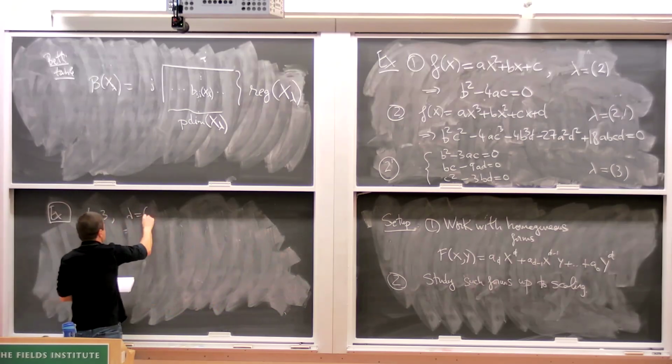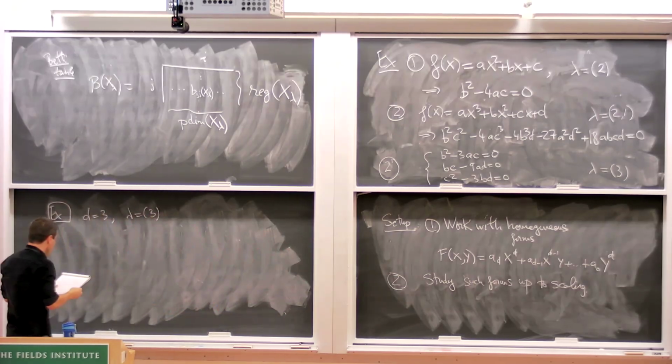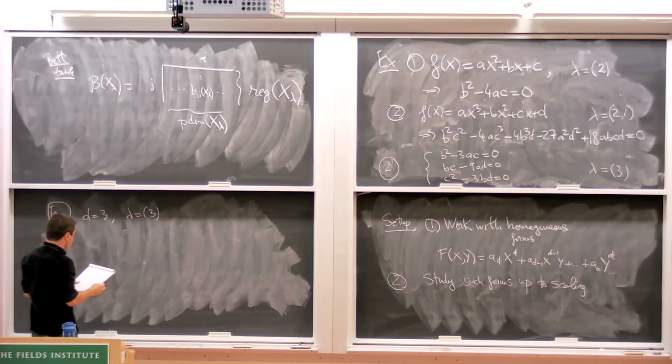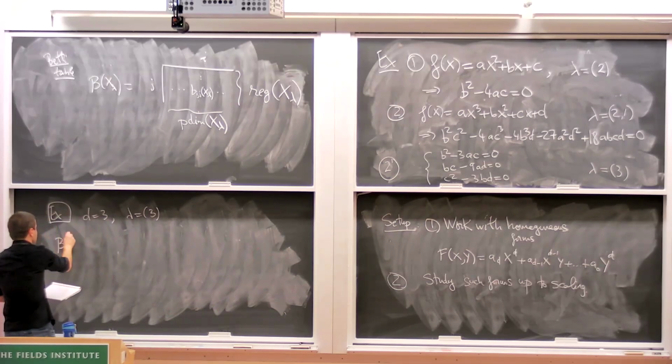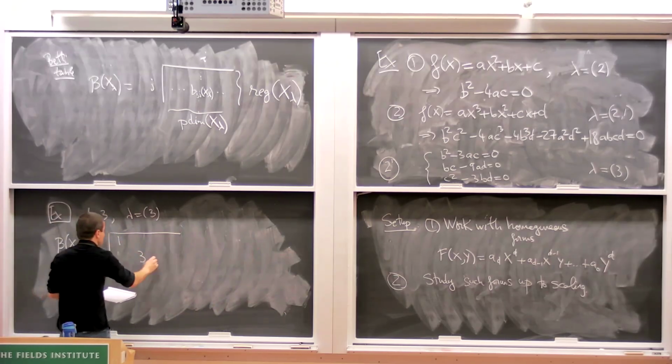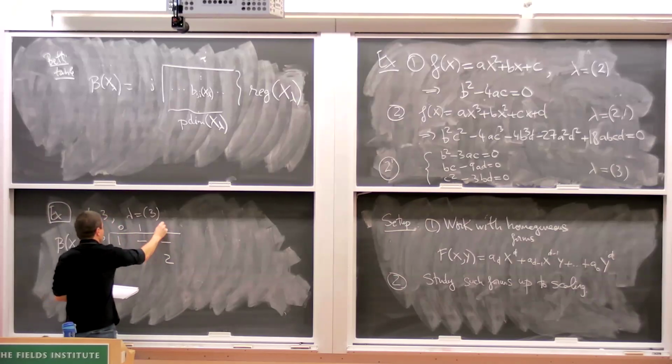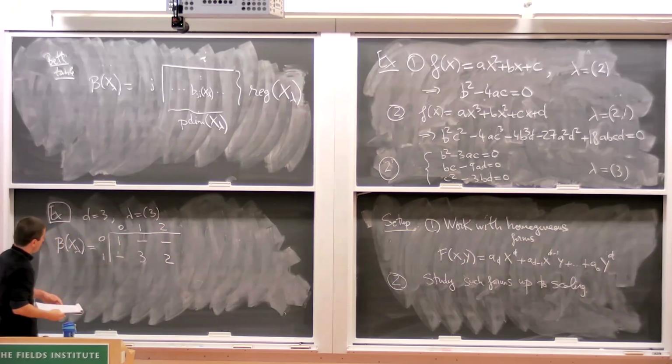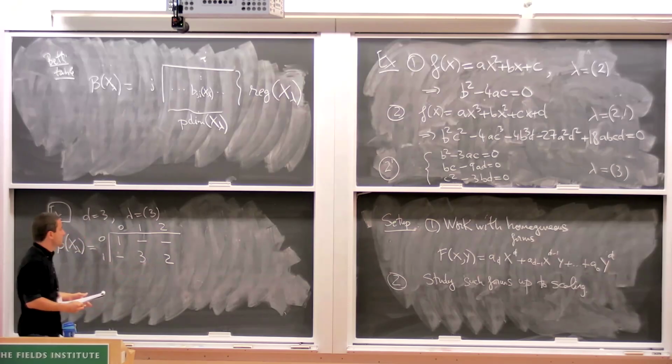The partition is just lambda equals 3. And so it turns out that the Betti table in this case has a simple form, and I'm going to try to explain the numbers. So this means projective dimension 2, if you want, regularity 1, and what are these numbers?